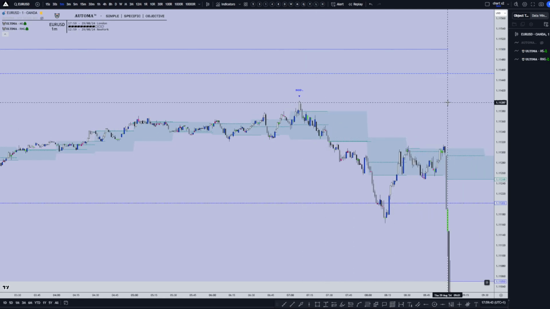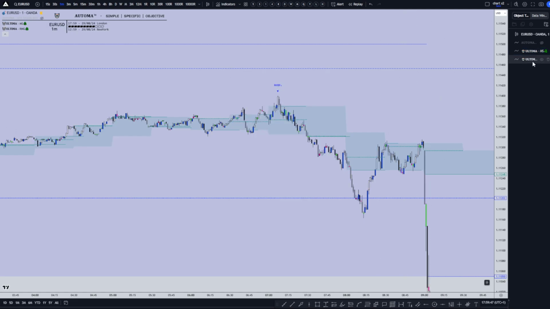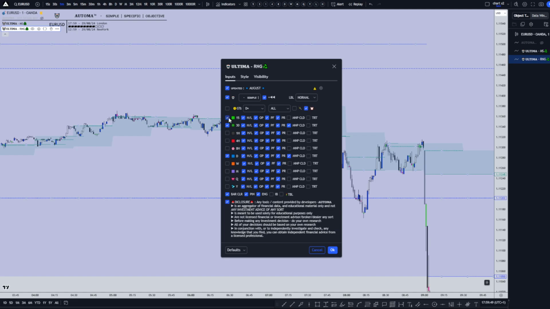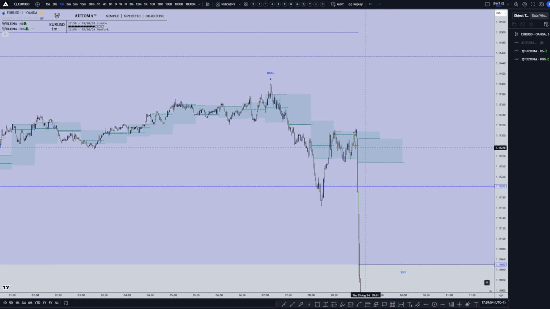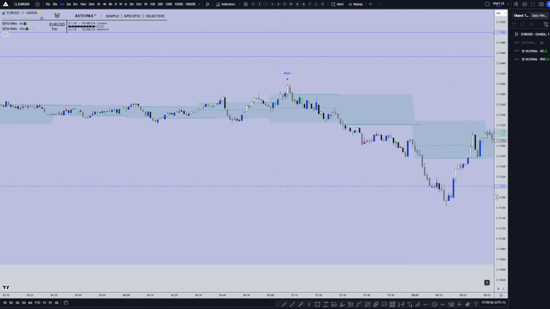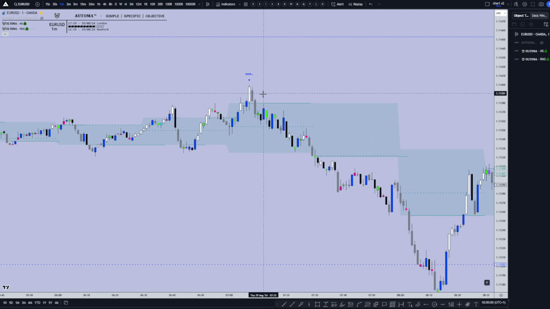Is it 30 minutes or 50 minutes? I know it was somewhere here, I'm not sure. Anyways, need to double check. My entry was based on, or maybe that was just a pullback to the high of the day VWAP, maybe high of the range VWAP.